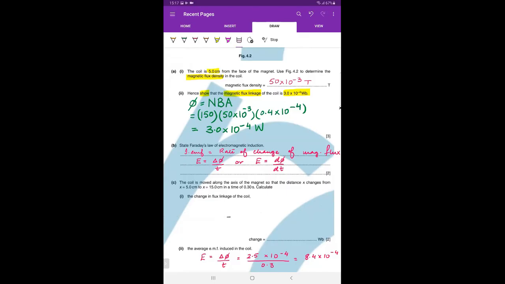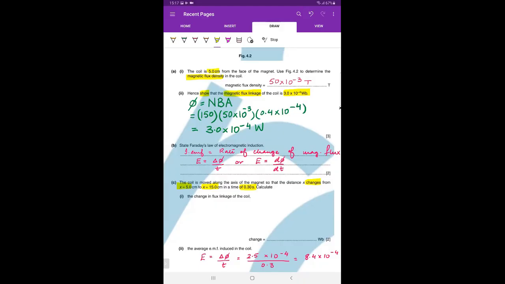The coil is now moved along the axis of the magnet so that the distance x changes from 5 to 15 in a time of 0.3 seconds. So now we are taking the coil further away from the magnet. From a distance of 5, we are taking it to a new distance of 15.